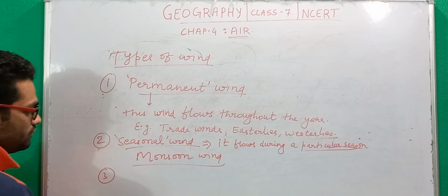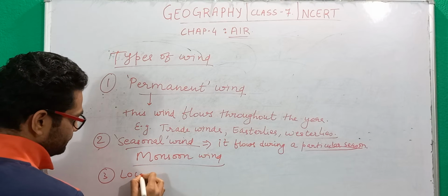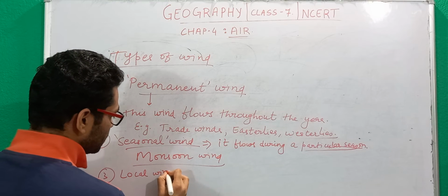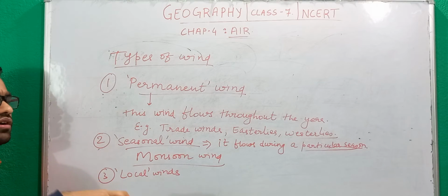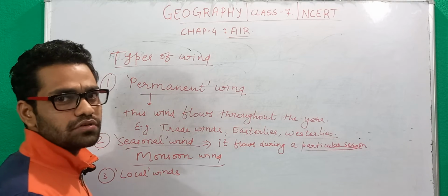Then the third type of wind is the local winds. What do you mean by local? Local means something which is over a particular place only.